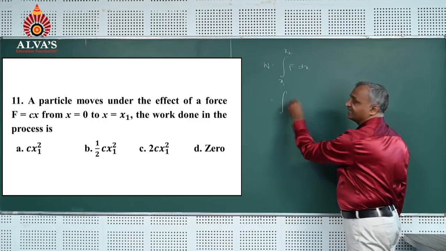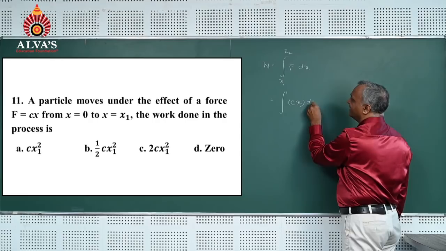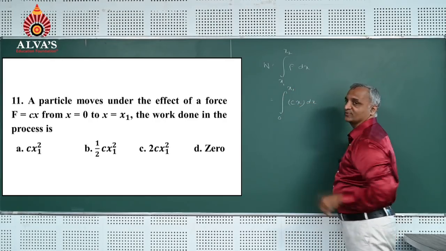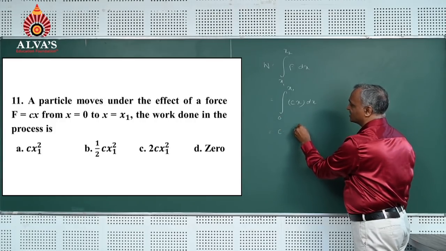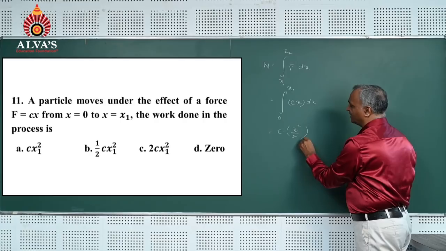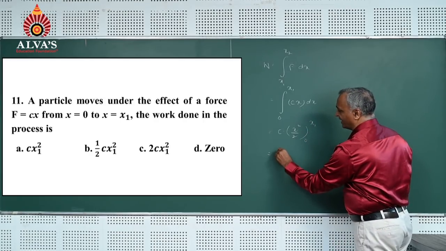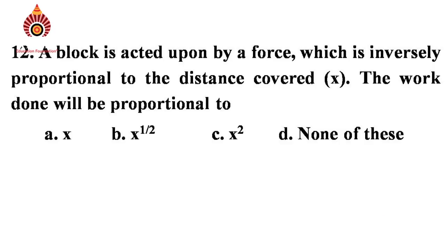Here force is given as it is Cx dx from the limit 0 to x1. So if I integrate this, C is constant, so it is x square divided by 2 between the limit 0 and x1. And that's why I'm going to get C by 2 into x1 square is the work done. So I'll go for option B.